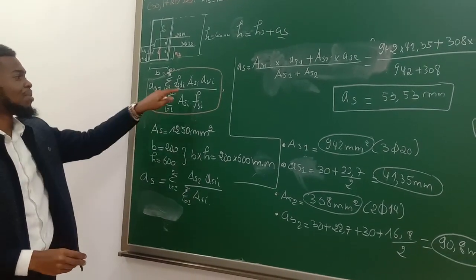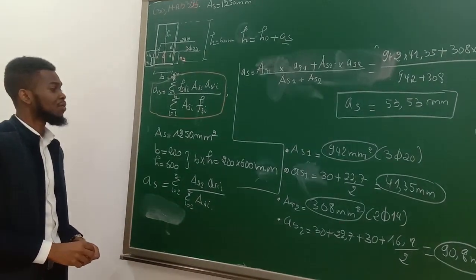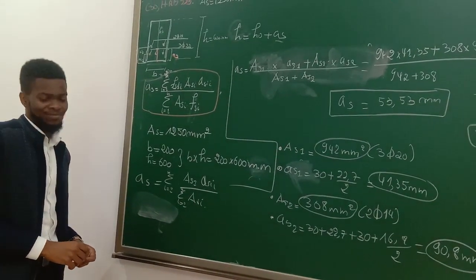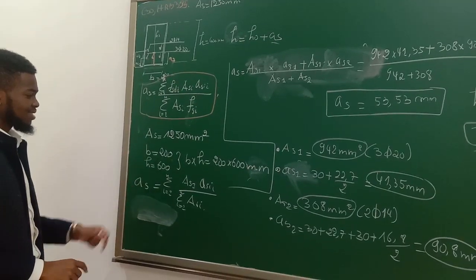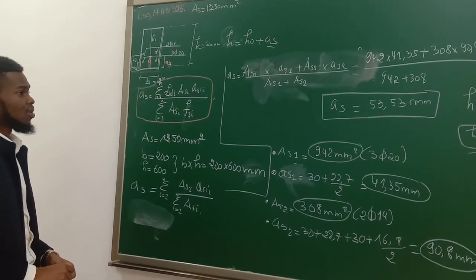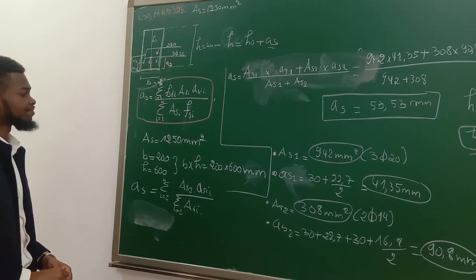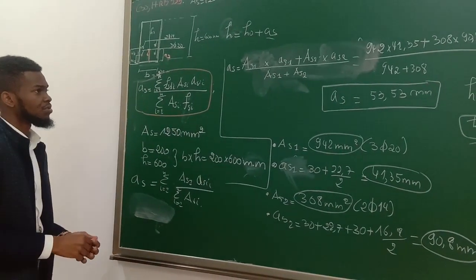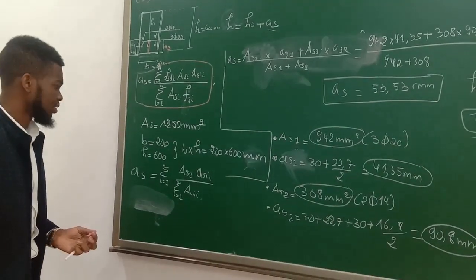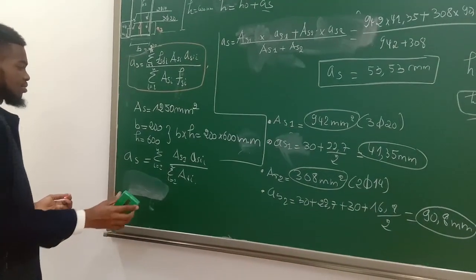Now let us apply it in the formula. After getting all the information that we need, we put it in the formula. I distributed it earlier, and I will do it again so that we can see.